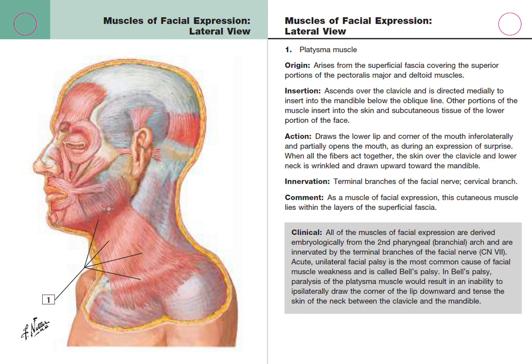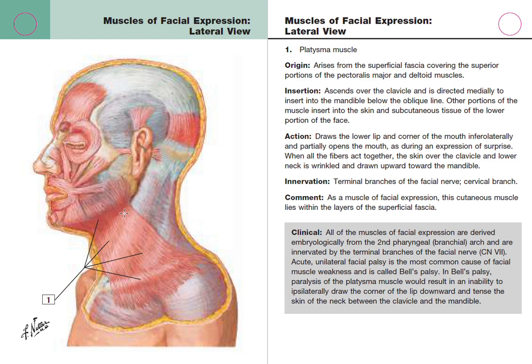The platysma draws the lower lip and the corner of the mouth inferolaterally and partially opens the mouth, as during an expression of surprise. When all the fibers act together, the skin over the clavicle and the lower neck is wrinkled and drawn upward toward the mandible.